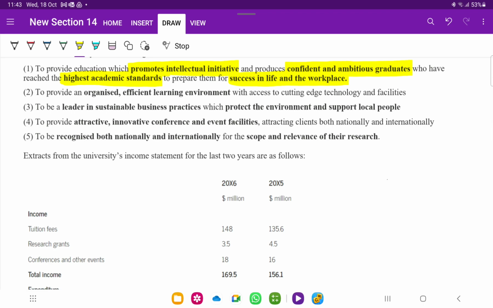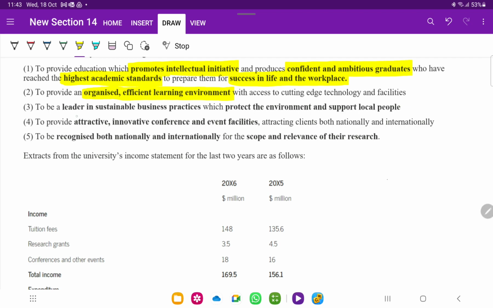The second strategic aim is to provide an organized and efficient learning environment with access to cutting edge technology and facilities. So the first one was actually related to the quality of the students. The second one is related to the kind of infrastructure, facilities, something like that.